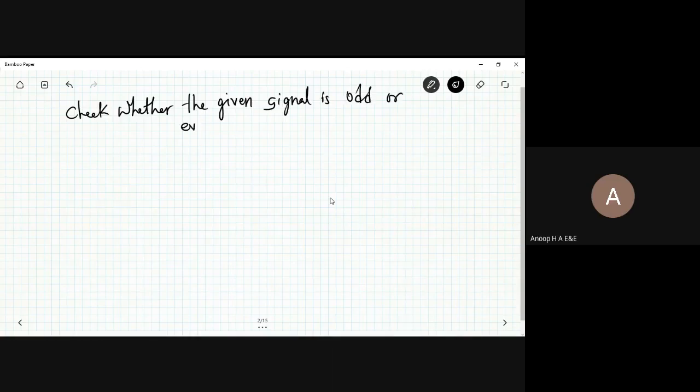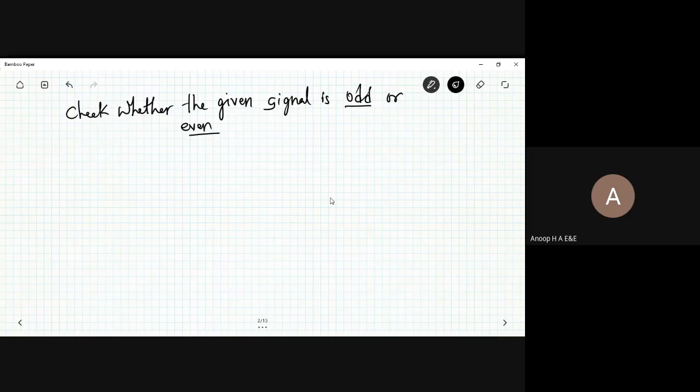Another important observation you can make here is that once a signal is classified as an odd signal, it cannot be called an even signal, and if a signal is called an even signal, it cannot be called an odd signal. Generally signals are odd in nature or even in nature, and there are signals that are neither odd nor even. So that is one thing that you need to get from here.